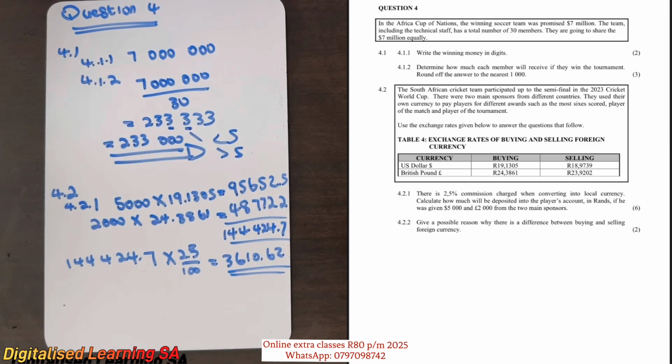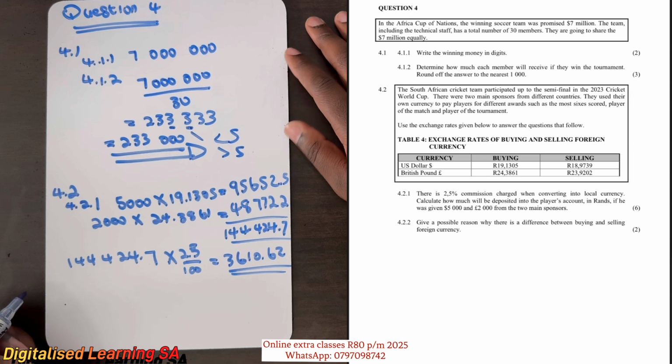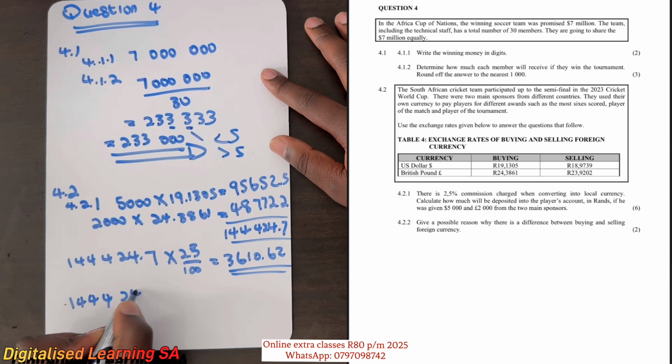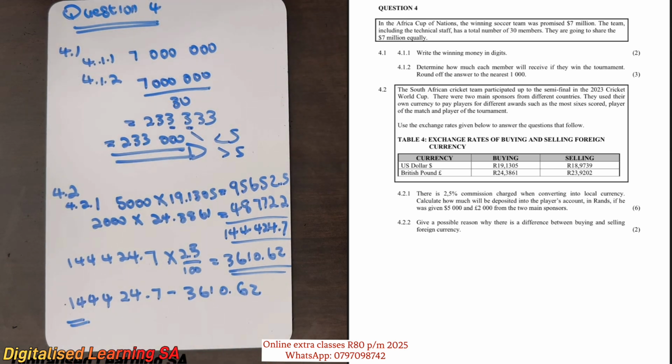So after calculating the commission, we can see how much will be deposited into the player's account. So 144,424.7 minus 3,610.62. This will be deposited into the player's account.